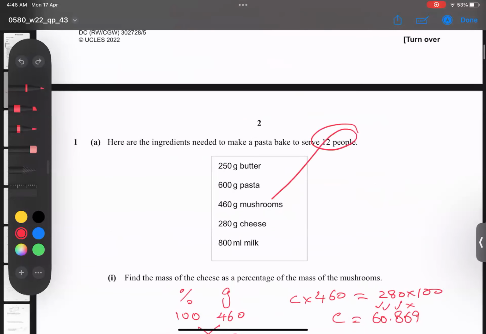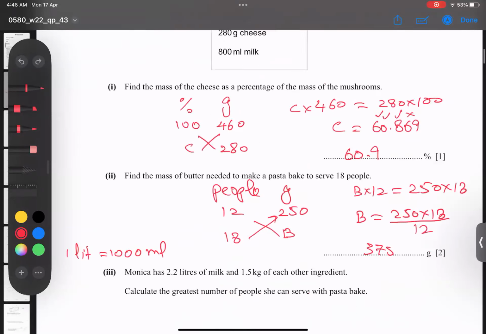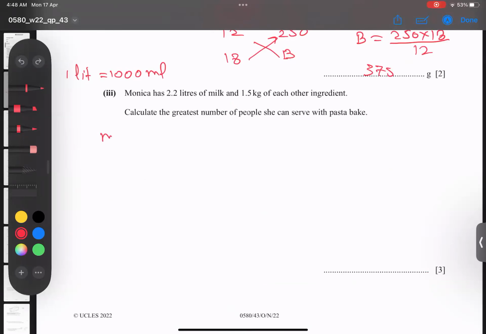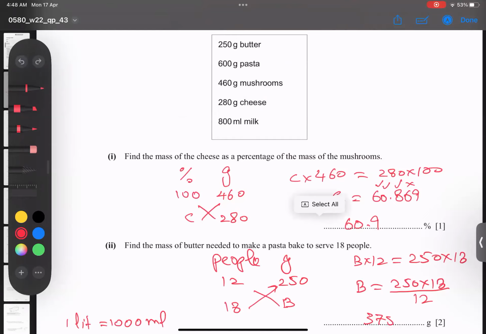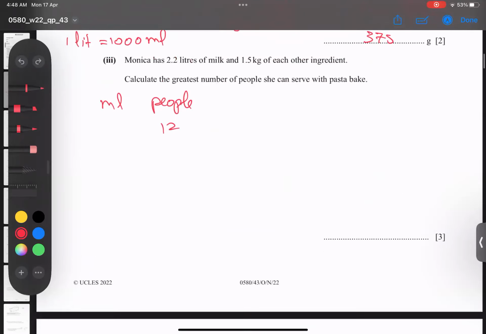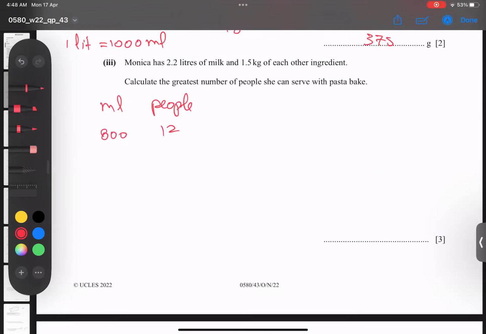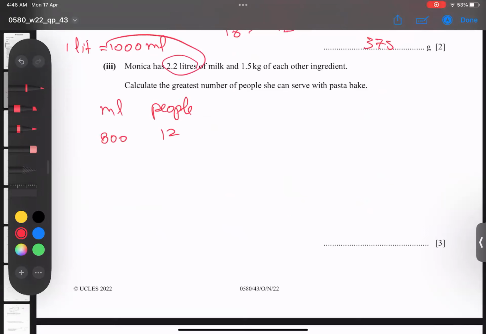So I use the words ml and people. 12 people use 800 ml of milk. Now we have 2.2 liters, which means 2,200 ml.